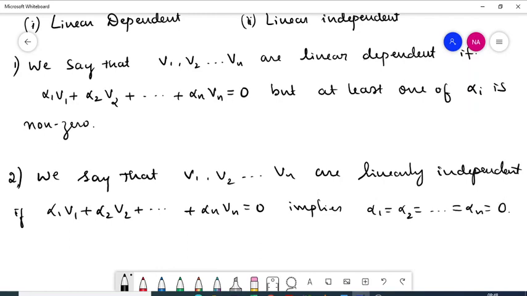So this is more convenient compared to the previous definition. You need to consider the linear combination alpha 1 v1 plus alpha 2 v2 plus and so on alpha n vn. Consider that to be 0. If that implies all the scalars are 0, then these vectors are linearly independent.